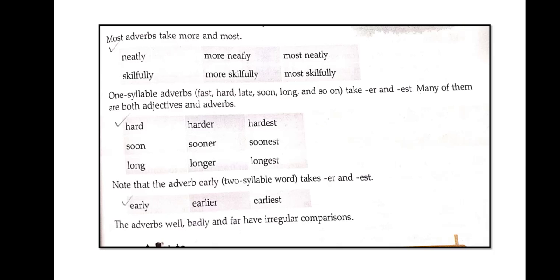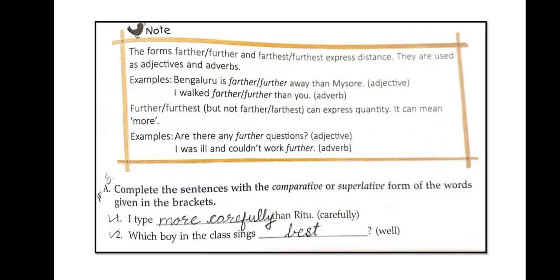The adverbs well, badly and far have irregular comparisons. Note here that the forms farther or further and farthest or furthest express distance. They are used as adjectives and adverbs.